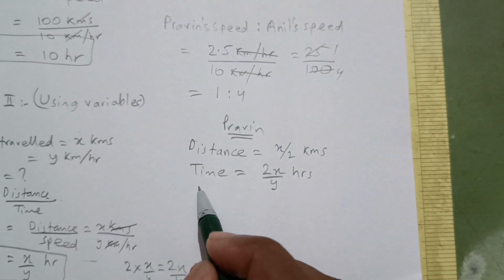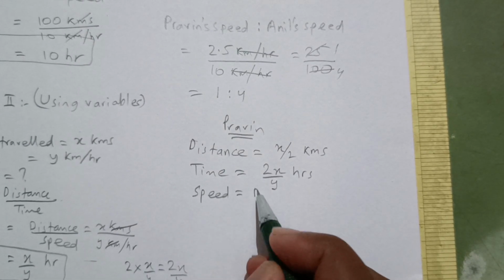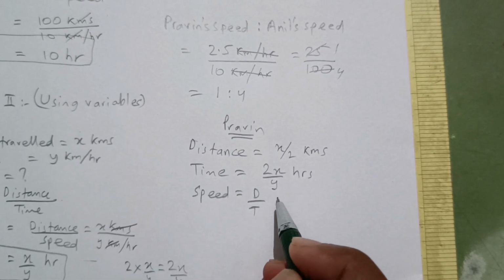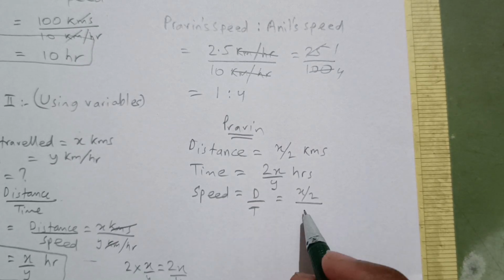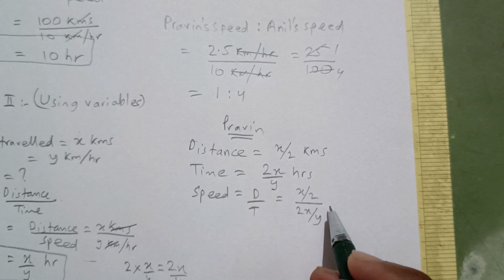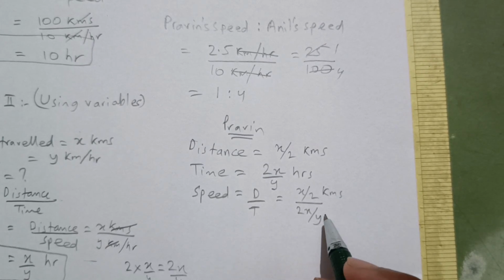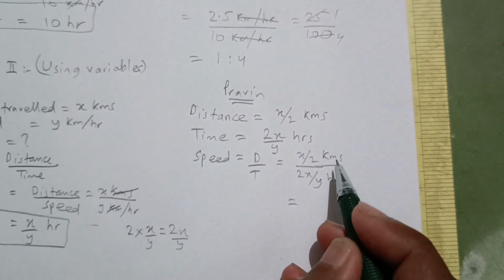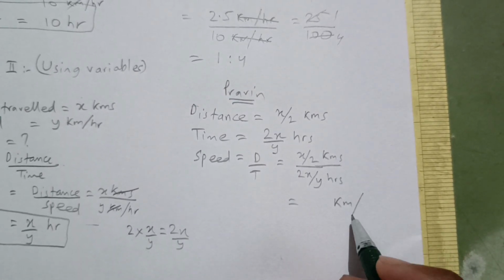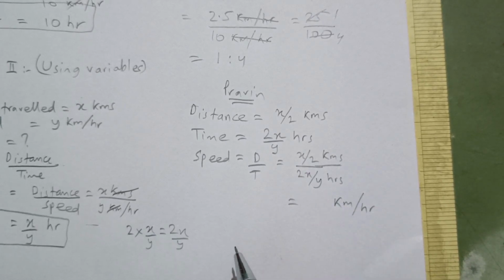So what is the speed? Speed of Praveen is distance by time. So distance is x by 2 kilometers, time is 2x by y hours. So therefore the speed will be in kilometer per hour. How much? x by 2 upon 2x by y.